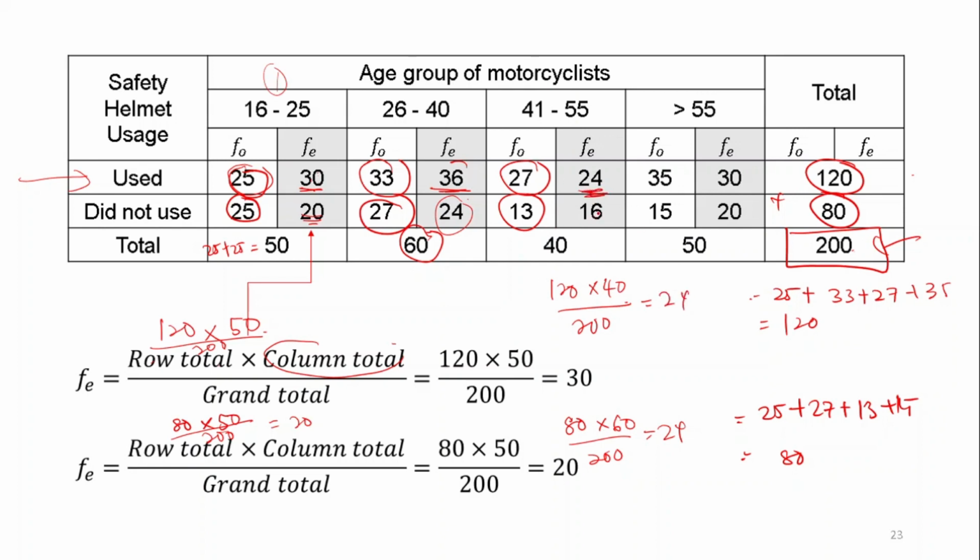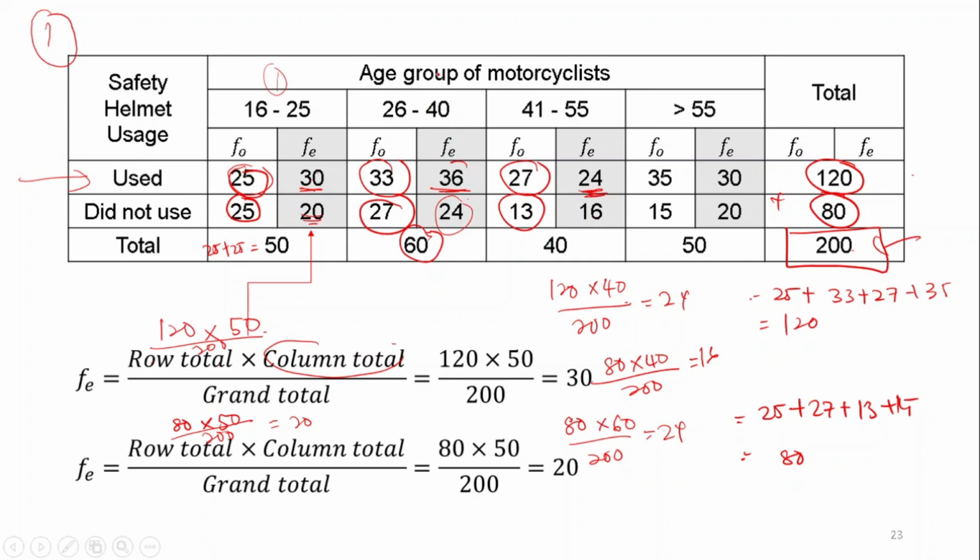For this part, same also: 80 times 40 divided by 200, so you get 16. So you need to do one by one. First you need to find FE.